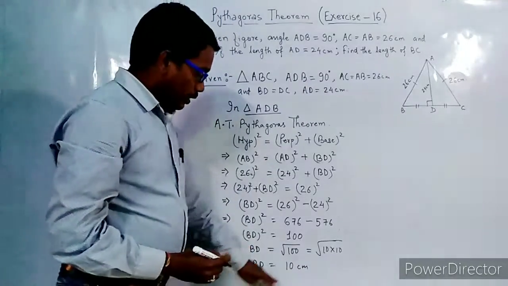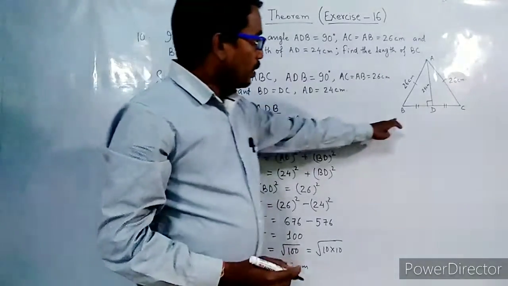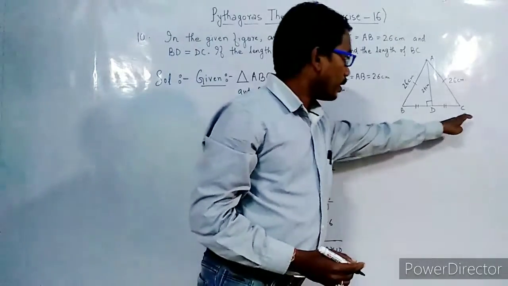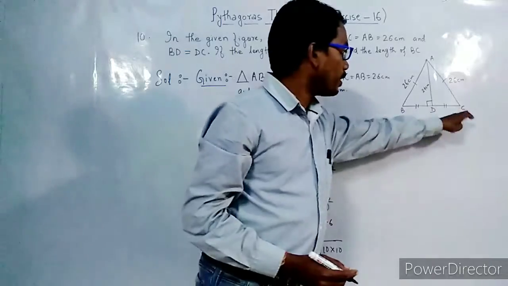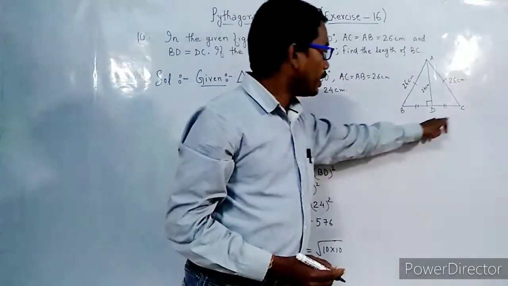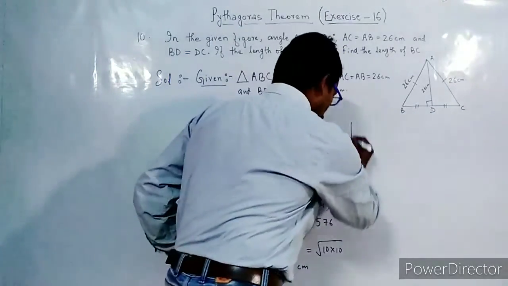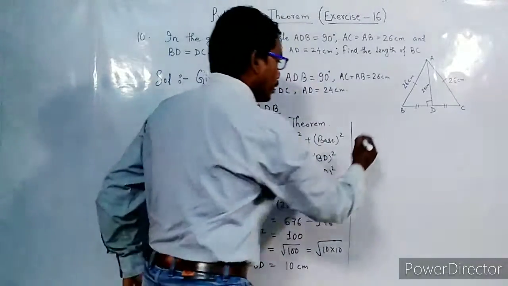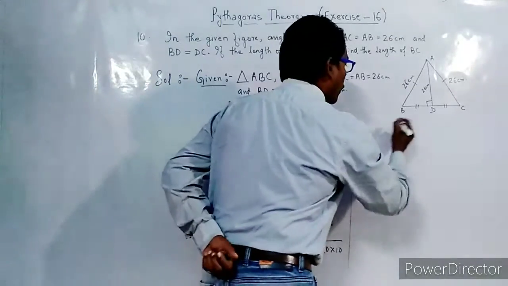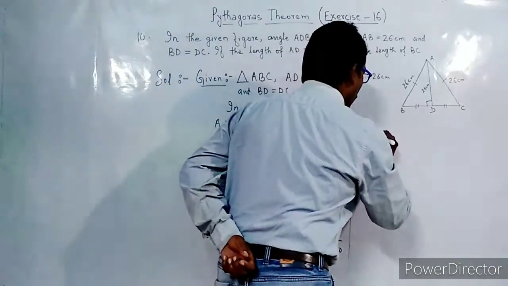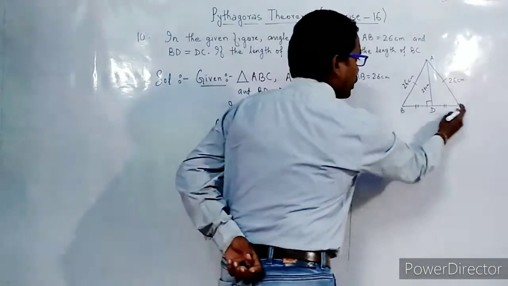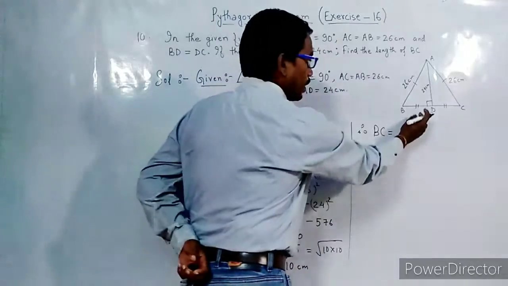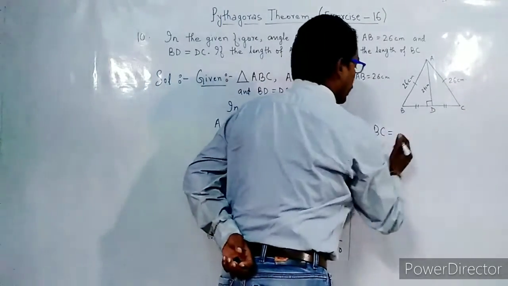Now this is not the answer, we have to find the length of BC, but we got BD. So BC equals BD plus DC, because BD is equal to DC.